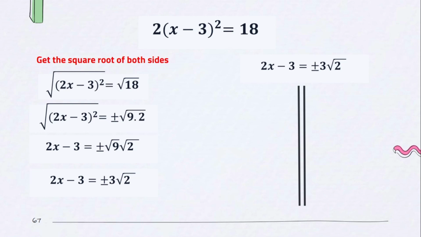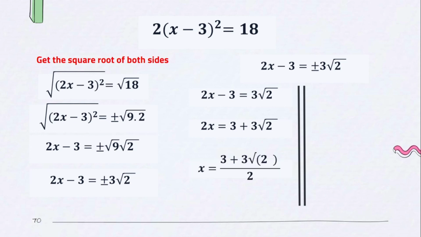Then x is equal to 3 plus 3 square root of 2. Why? Because we divide both sides by 2.